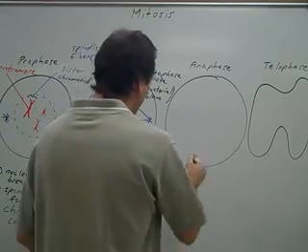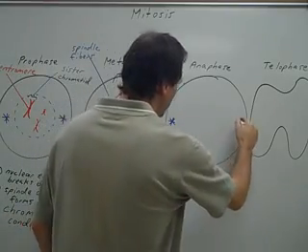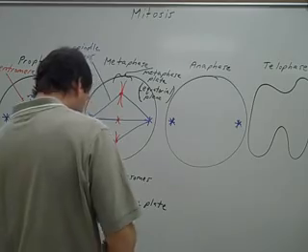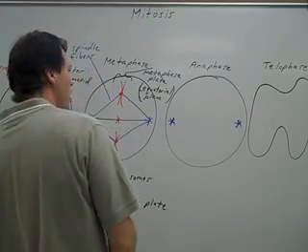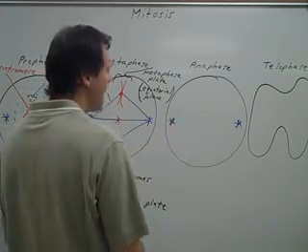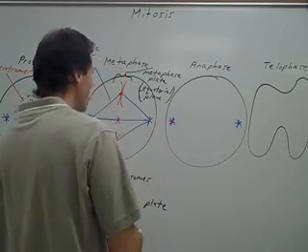So we're going to go ahead and draw our spindle apparatus here and here. And we're going to show the chromosomes moving to opposite poles or opposite ends of the cell.